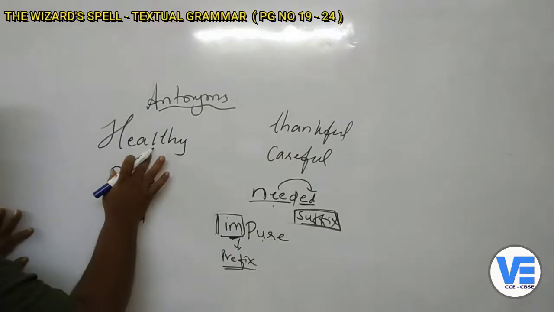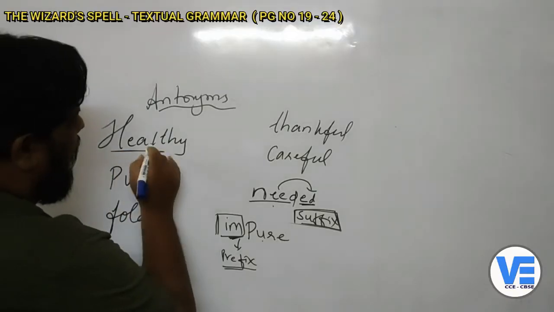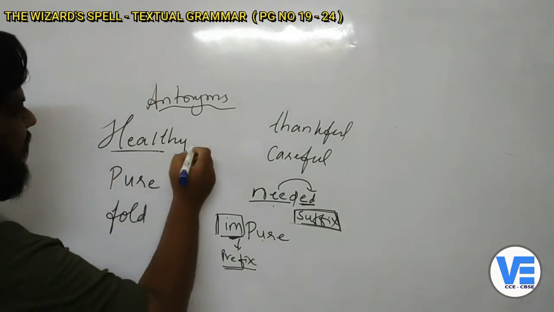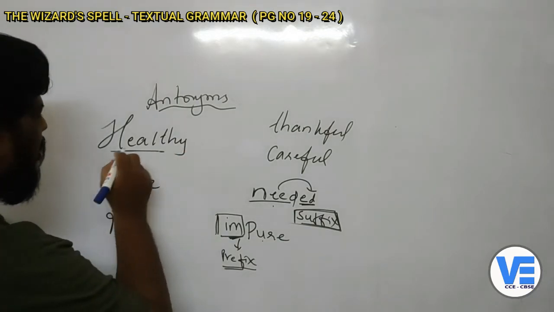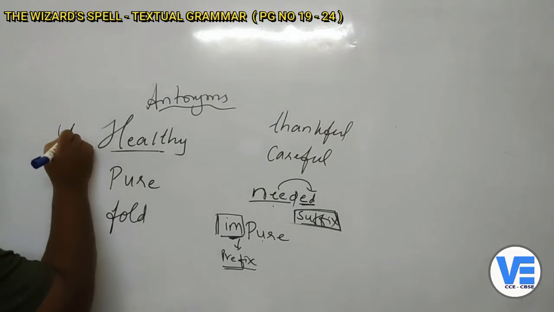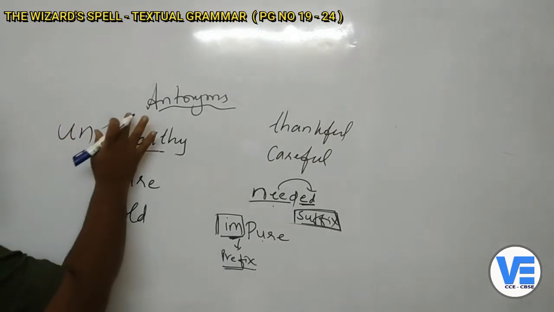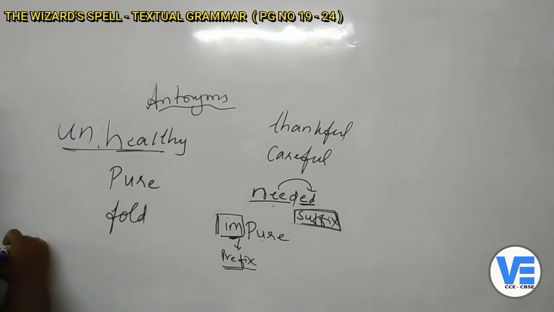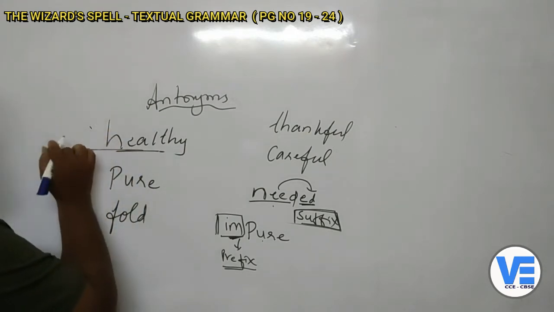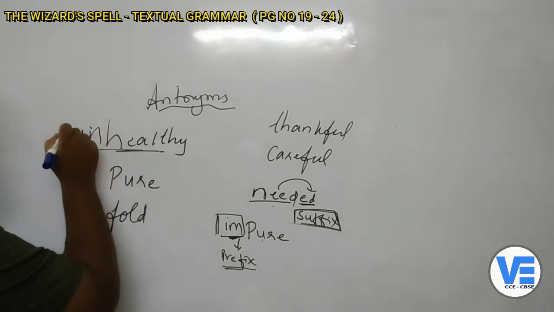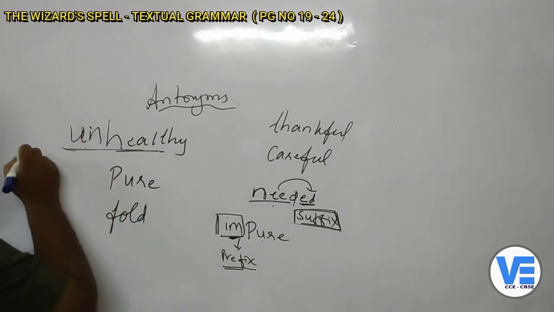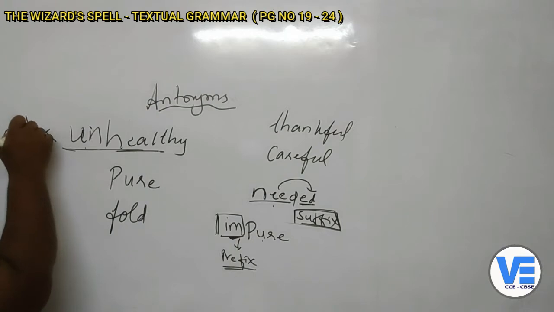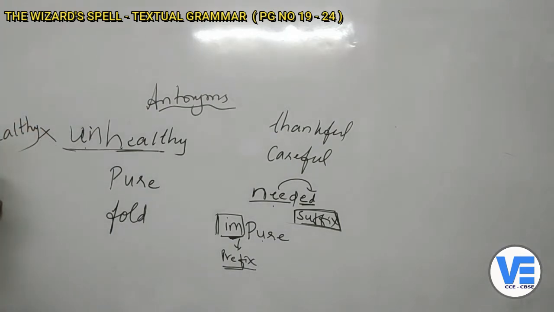Now healthy. How can you make this word healthy into an opposite word? You can write un in the beginning. If you write un here, it will become unhealthy. So unhealthy is the opposite word of healthy.